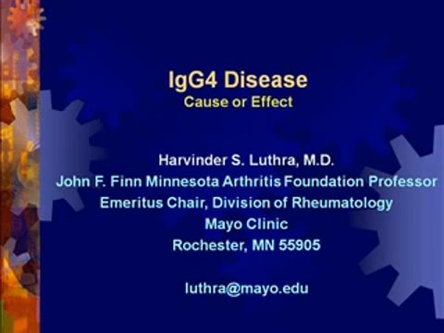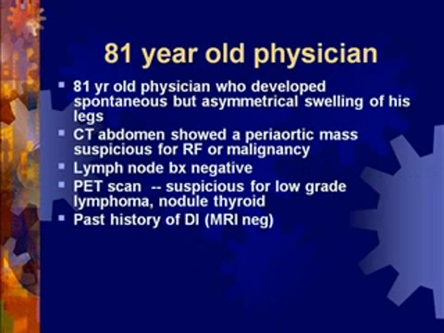I want to start with a patient that I saw in the last few months, an 81-year-old physician who developed spontaneous onset of asymmetrical swelling of his legs. CT of the abdomen showed a periaortic mass suspicious for retroperitoneal fibrosis or malignancy.